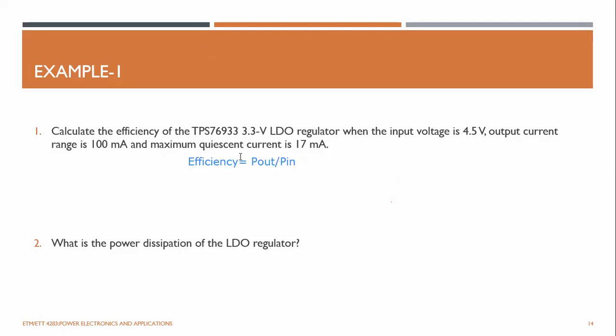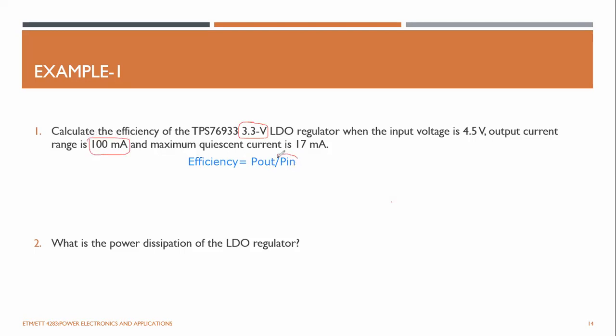So what is the value of the output power? Output power is simply, we know the output voltage is 3.3 volts and the output current is 100 milliamps. So you can calculate the output power using the product of this voltage and this current, right? That is your output power.